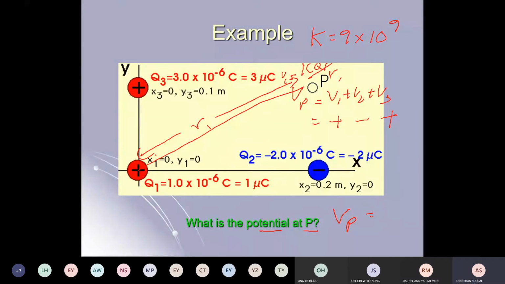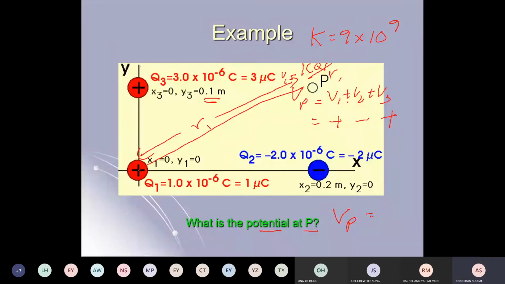For Q2, what does R2 take? R2 is from the coordinate. This is all in a coordinate system, so the vertical height is actually y3, 0.1.